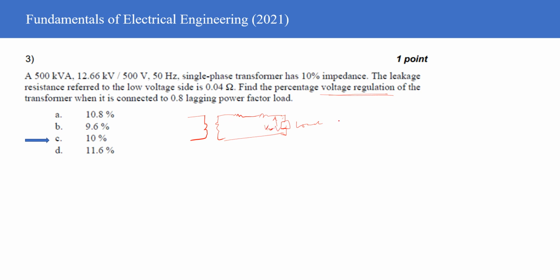So if the load is equal to 0, then V2 is equal to E2. This is the no load voltage. And if there is some load at the output, load not equal to 0, then there is some voltage V2 at loaded condition.